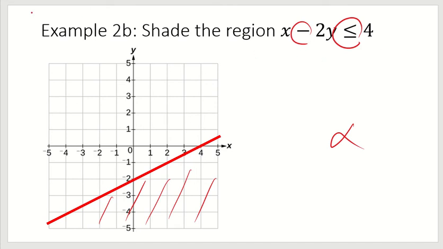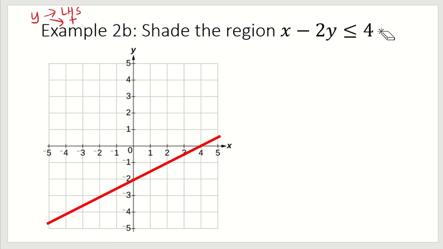I told you already, y must be at the left hand side and y must be positive. These two criteria you must remember. If you do this, then you are wrong already, and all your 10 marks are gone, because this is a long question.